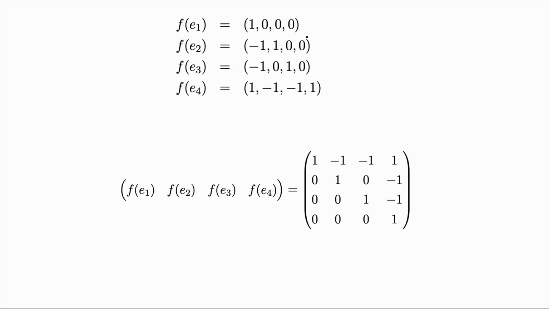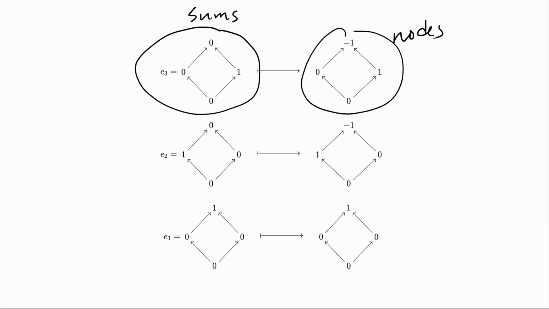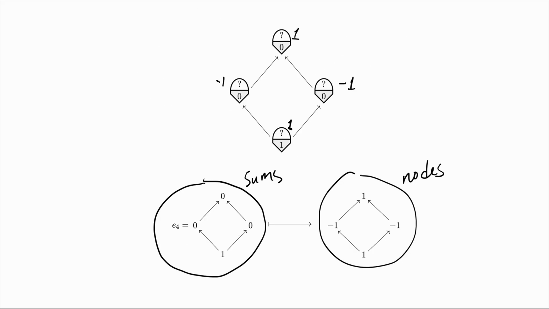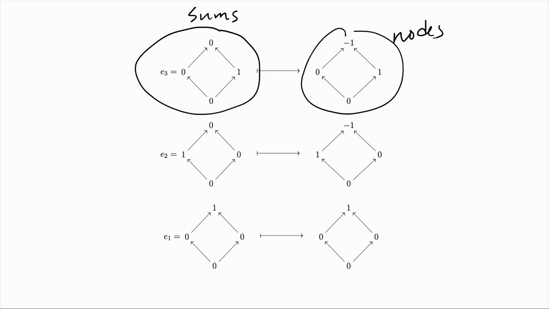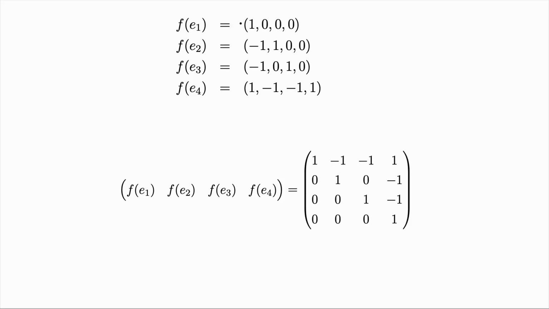So these images of E1, E2, E3, E4, I actually just computed in the diagrams previously. Up here for E4 and then here for E3, E2, E1. And ordered, we can write out these. And then if we're thinking of a column interpretation for a linear transformation, we can simply write these down.